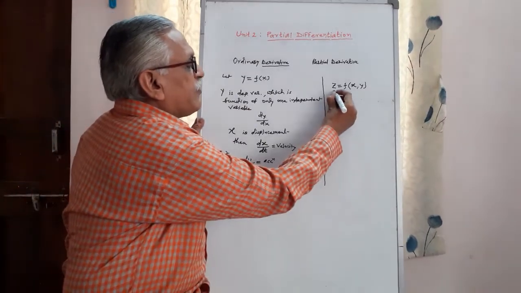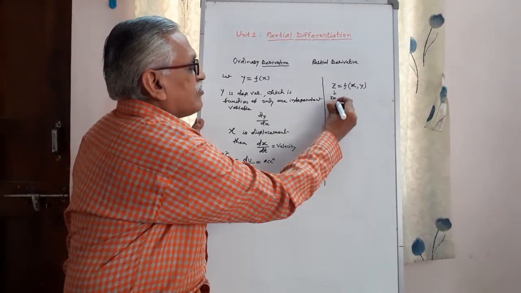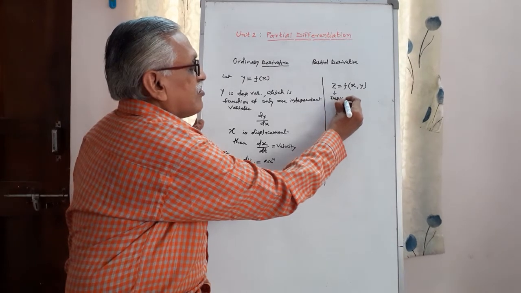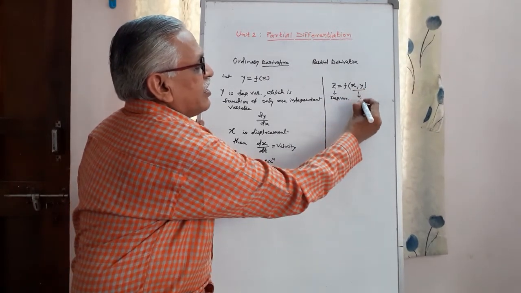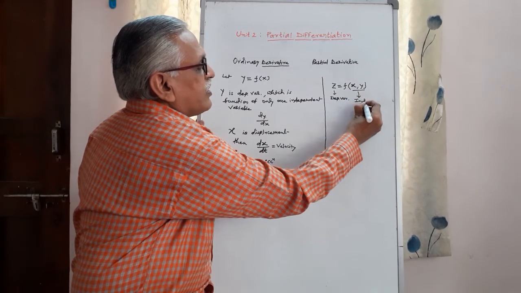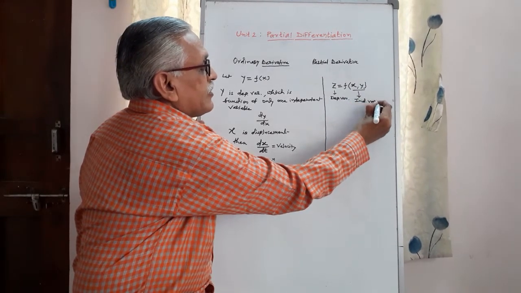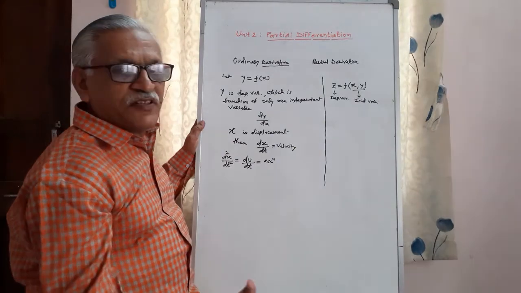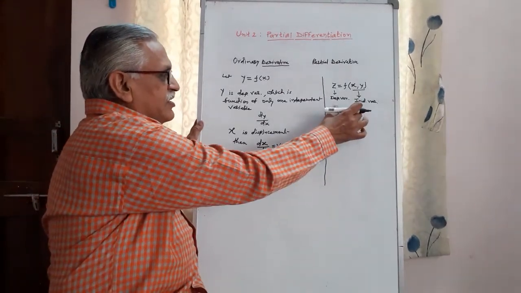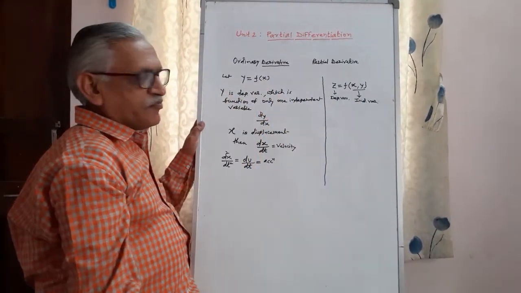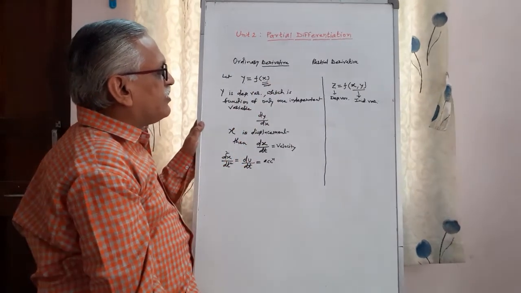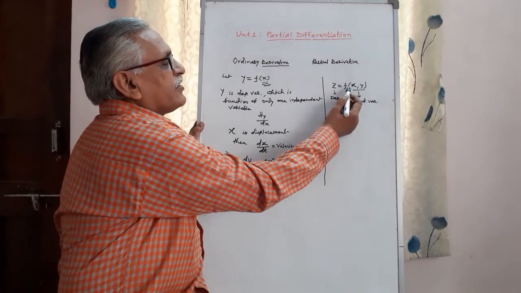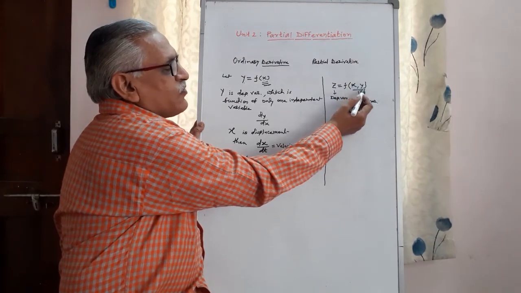Therefore, here z is a dependent variable, and here this x and y are two independent variables. What is the basic difference between this type of example and this type of function? Here it is function of only one independent variable, and here it is function of more than one.